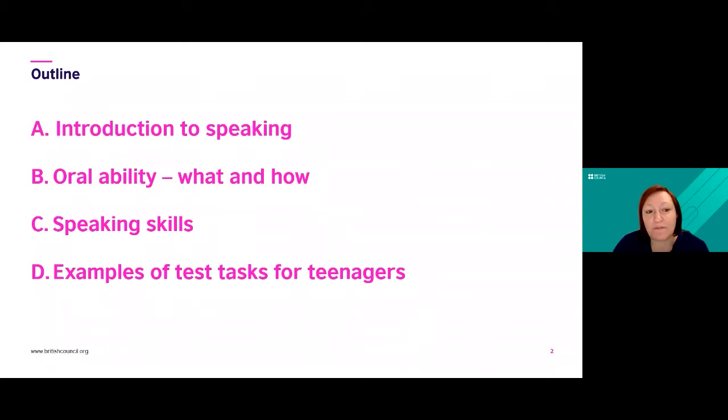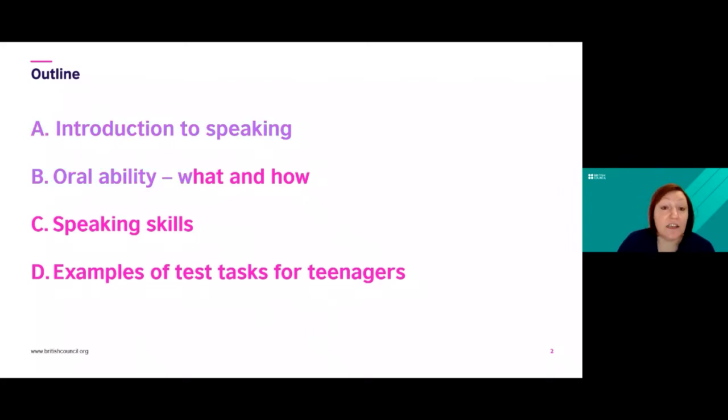Then, based on what we've learned in that second part about oral ability, I'm going to show you the skills and the competences that we as testers, as assessors, focus on in our test tasks. In other words, what are we trying to measure or assess in people speaking? And then I'll give you some examples of actual tests designed for teenagers. That's what I'm focusing on today.